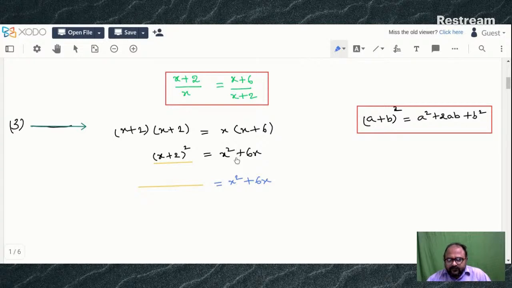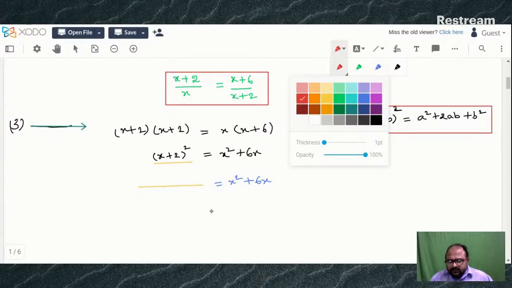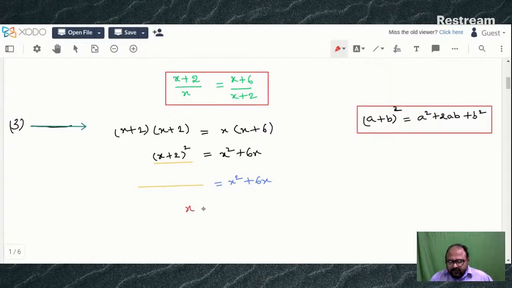Now from this, you should get the value of x. If you simplify this step, you will get x equal to, and I am purposely leaving some space here so that students will think over this concept. You should get x equal to 2.